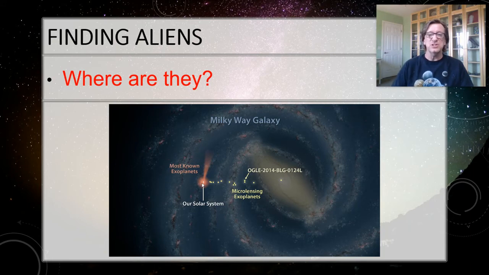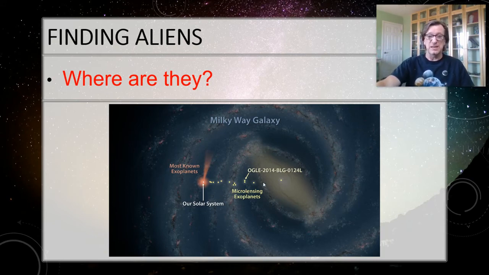So just to get a signal to them and get a reply, you're looking at 9 to 10 years before you get a "Hi, how you doing?" from that. Get much beyond that, and you send a message, and your grandkids will get the reply. So we're really looking for things that are very, very close to us, and fortunately, we found several thousand that are right next to us.